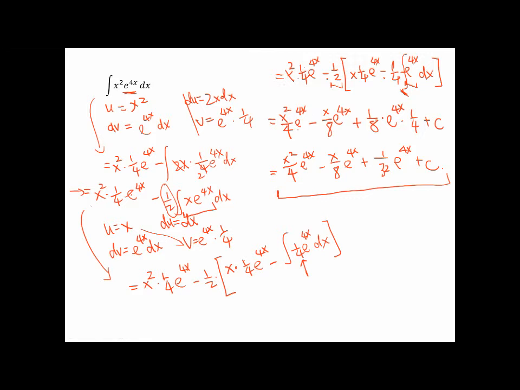So in this problem, I need to do integration by parts twice, right? The first time is here, second time is here. But we don't need to remember how many times I need to do based on the question. As long as I see the exponential function, I know I put it at the dv position, and then find u, find the new column, set it up based on formula, you solve it, you see this again, you do the same thing.